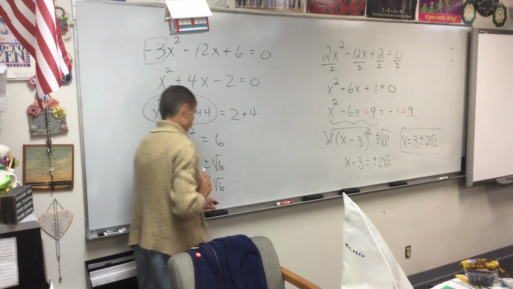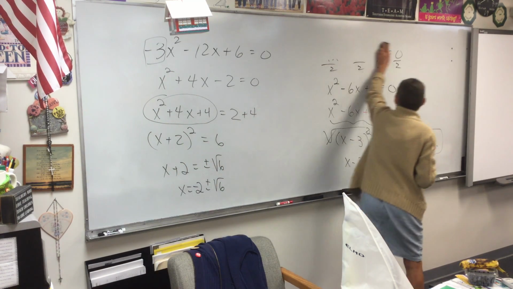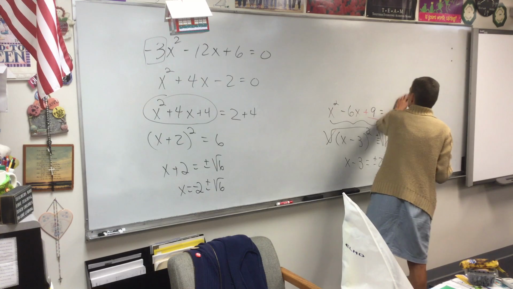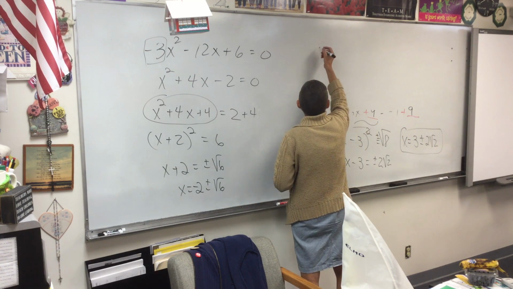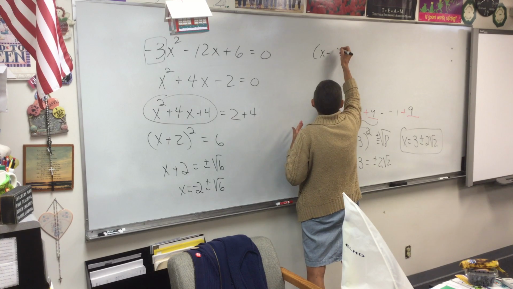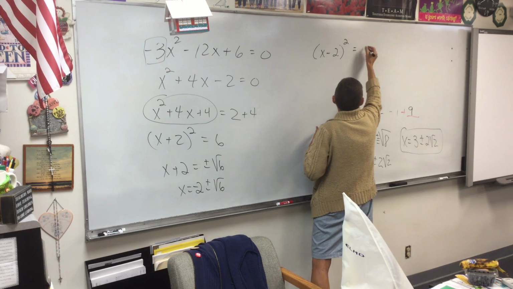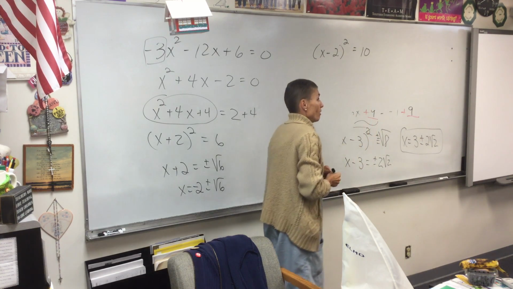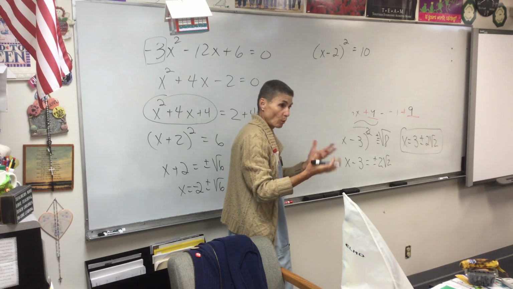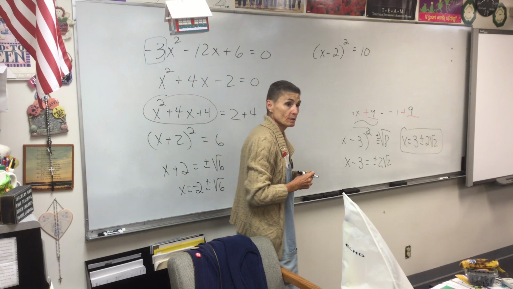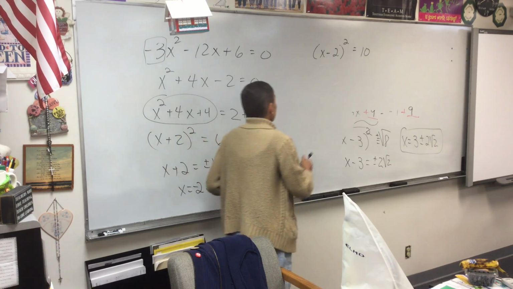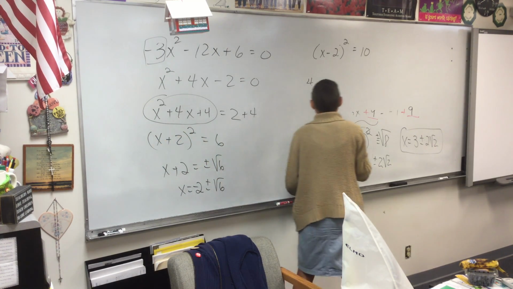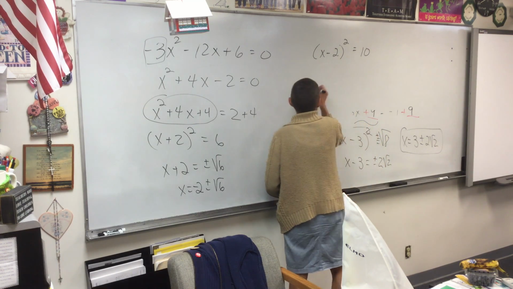Okay, now I want to talk about a couple of problems that are in your homework. If you had a problem that looked like this, how would you solve that? You'd square root both sides, wouldn't you? And it would be just like this situation. What if the problem looked like this?